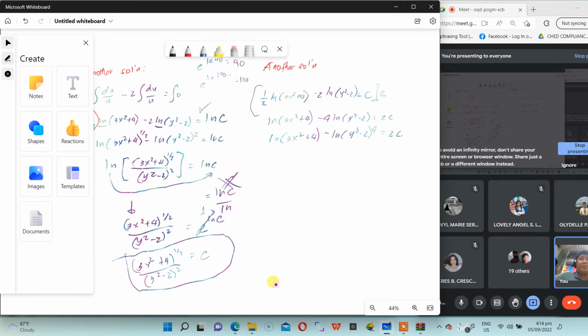From here, you have ln of 3x squared plus 4 over y squared minus 2 raised to the power of 4 equals 2c. So, if there's no question, I'll just proceed. I assume that you understand. That's why I'm just asking you. If not, I'll keep solving.